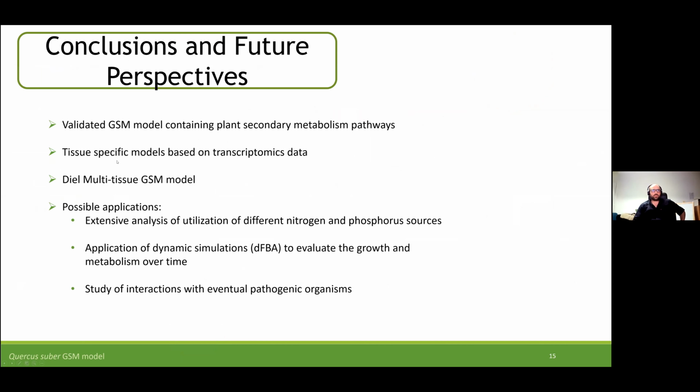We want to see if we can include other tissue-specific models to enrich our Diel model, and we are thinking on trying to see if we can use this model to analyze utilization of different nitrogen and phosphorus sources, to perform dynamic simulations with the model, because these simulations were all stoichiometric, performed with stoichiometric models for exponence analysis, and to eventually study the interactions with models from pathogenic organisms.